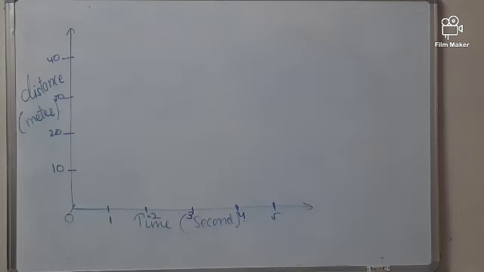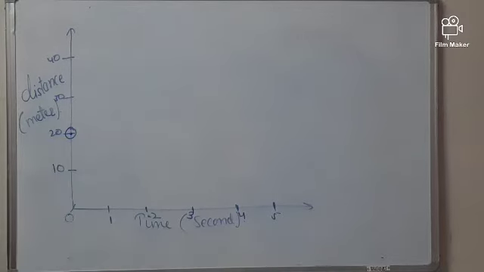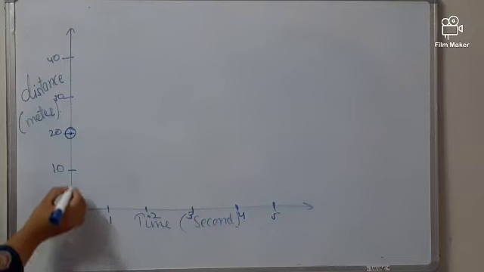So children, the first graph which we are going to do is the distance time graph when the object is in a state of rest. First we understand how to draw the graph, and then we understand which kind of graph it is. Let's take an example. Suppose a car is at a distance of 20 meter when the time is 0 second.